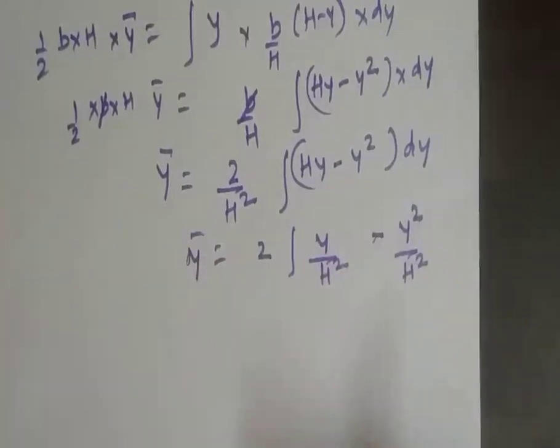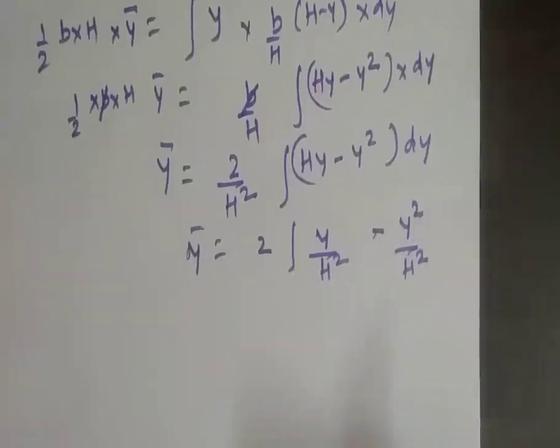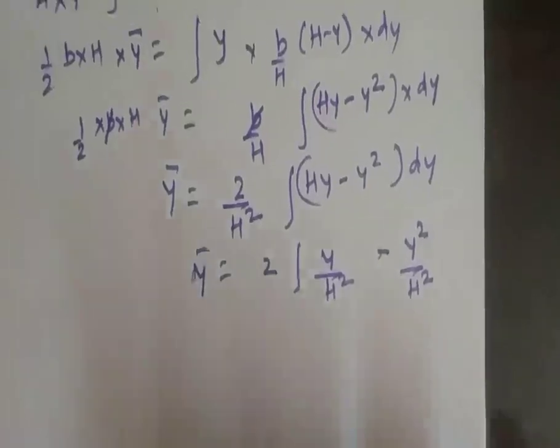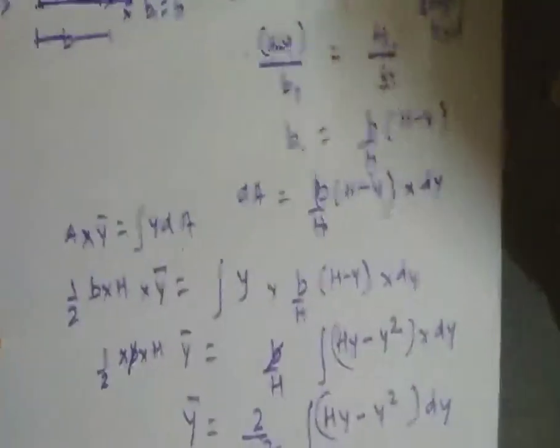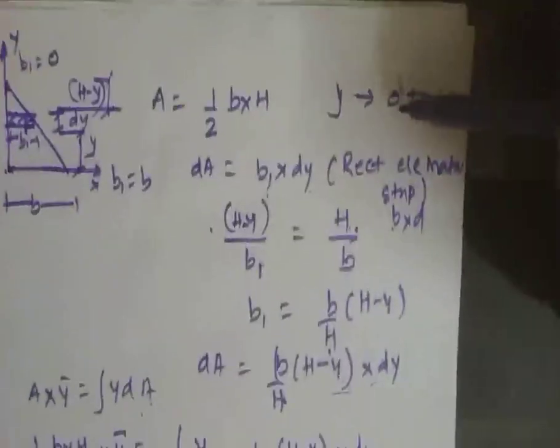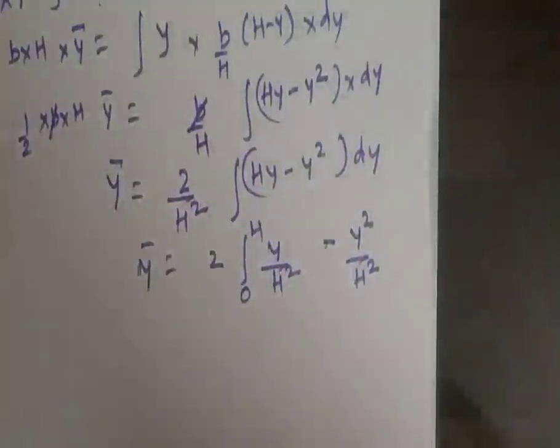Before finding the solution of this term, we need to substitute the limits of integration. The variable is y, and y varies from 0 to h. So here it will be 0 to h.